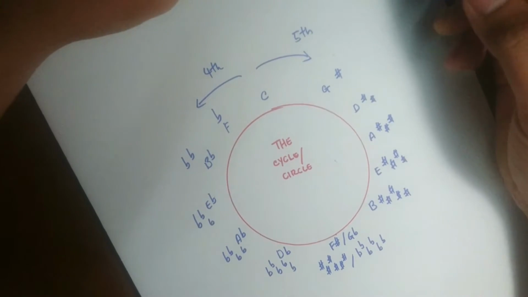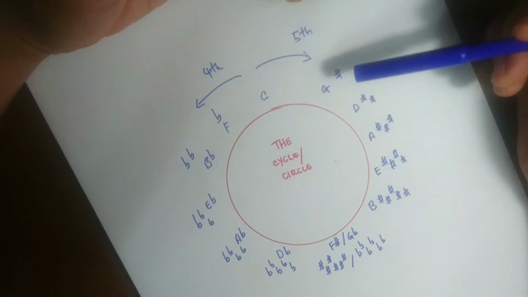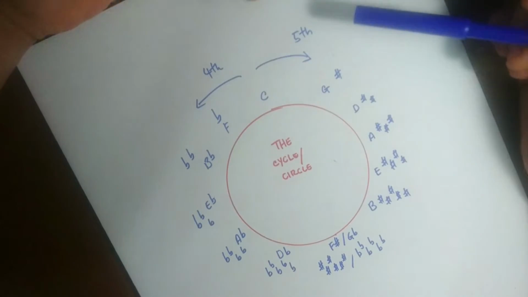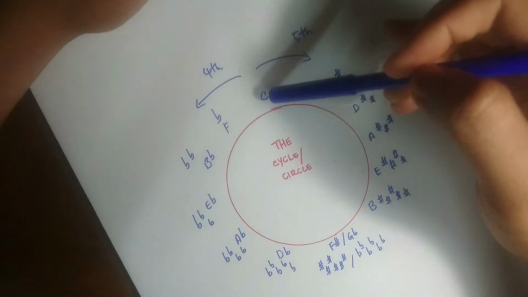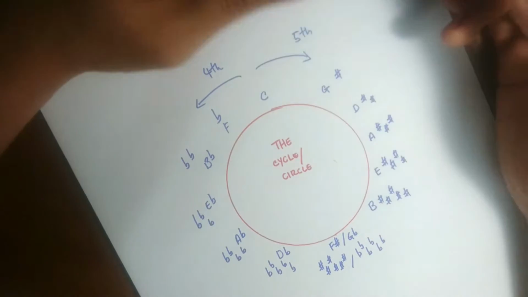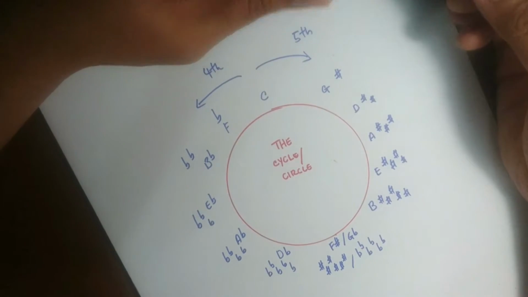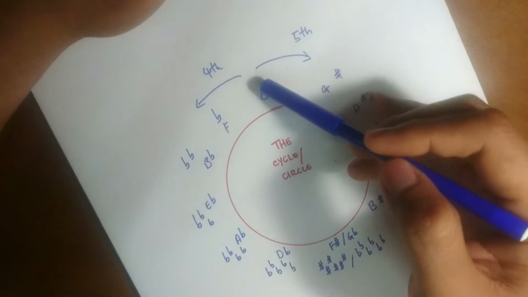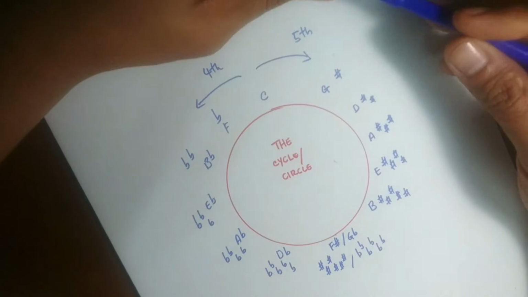So, ladies and gentlemen, boys and girls, that is a more holistic look at how the major scale is constructed and how the rest of the major scales are discovered from the C major scale itself.